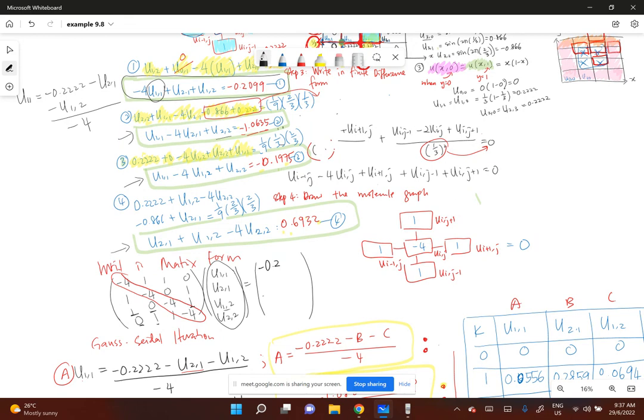This one is negative 1.0635, negative 0.1975, 0.6932. Okay. And then solve using the same method. You can use the Cholesky method or you can use Gauss-Seidel iteration methods. Okay, up to here okay.